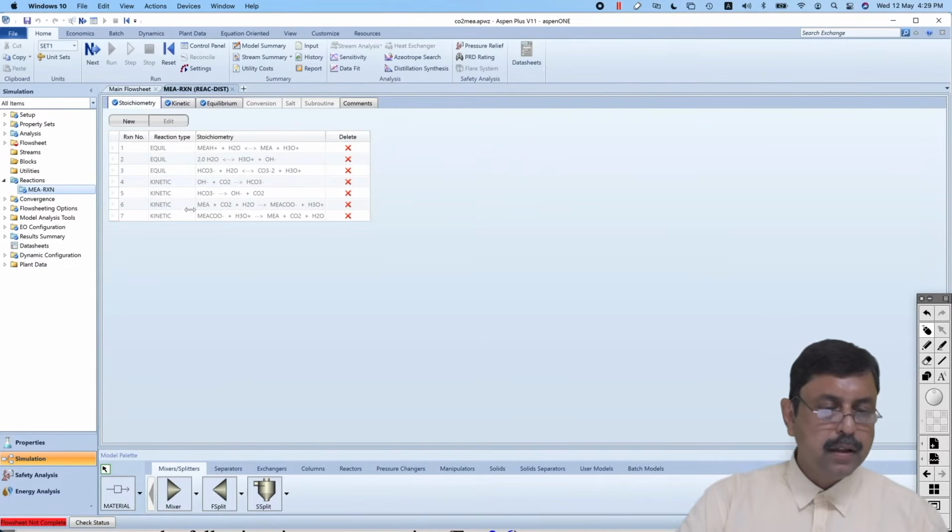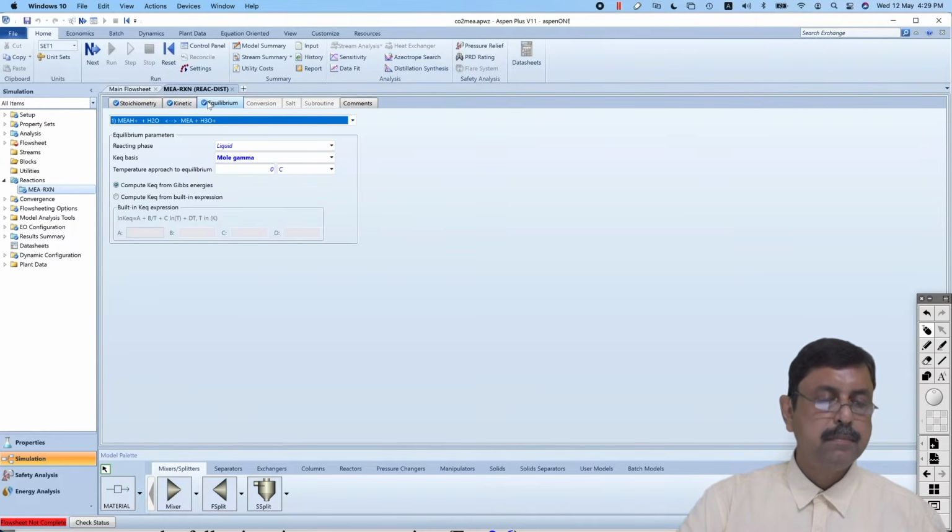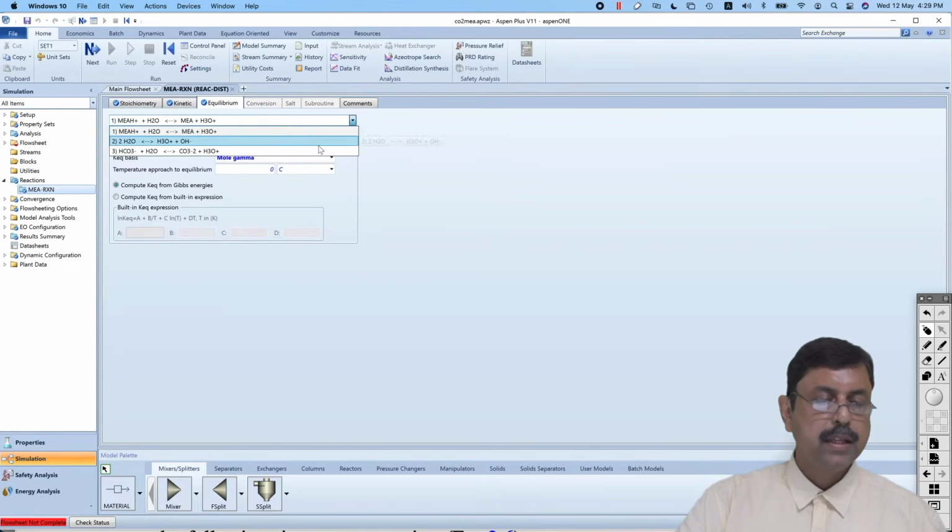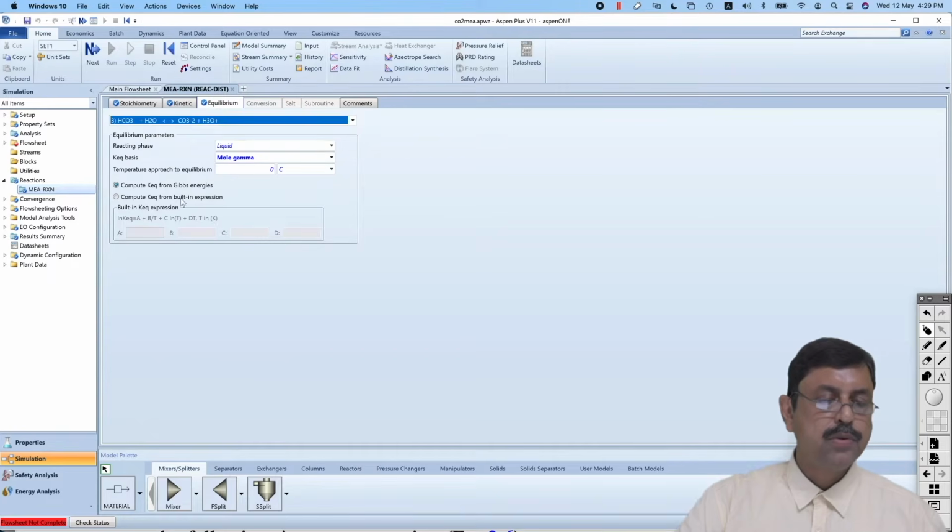So this one is the forward reaction and this one is the backward reaction. For this also, it is the forward reaction, this is the backward reaction. And if you want to know the equilibrium constants, I have asked them to compute the equilibrium constant from Gibbs energy for all of them. There are 3 ionic equilibrium reactions. For all 3, I have asked them to calculate from Gibbs free energy.